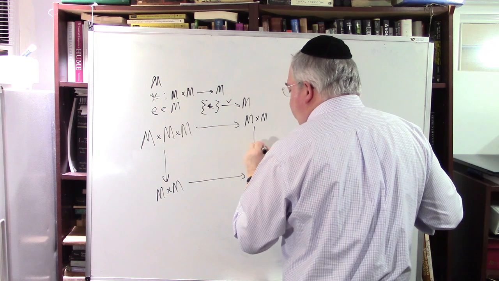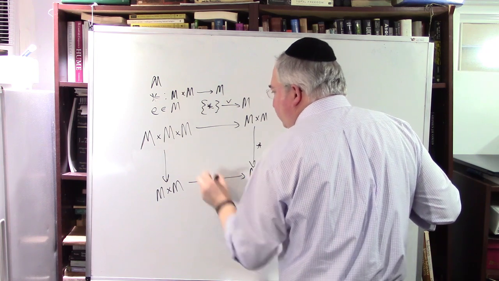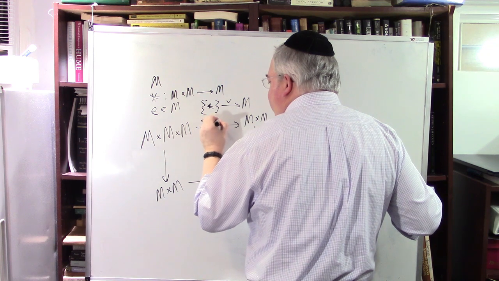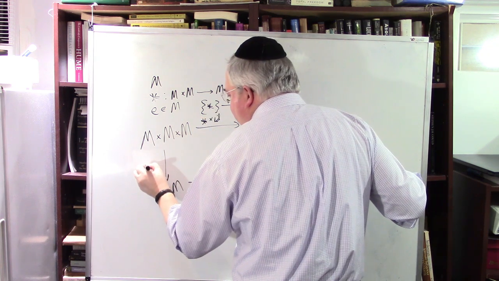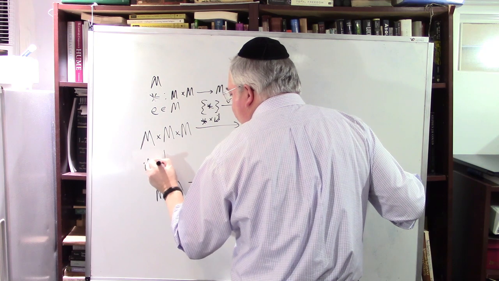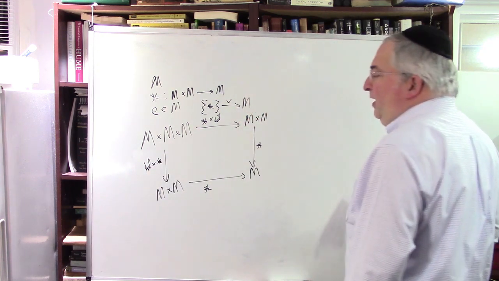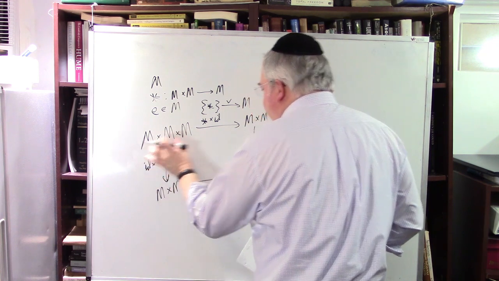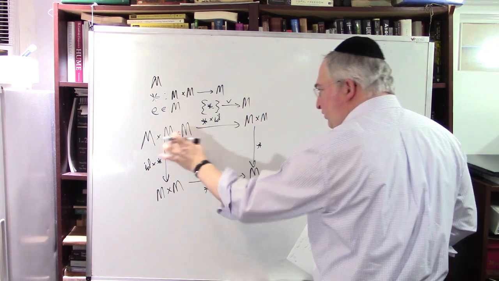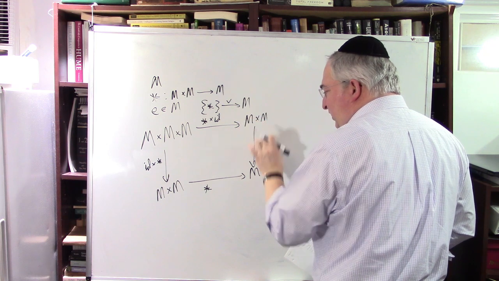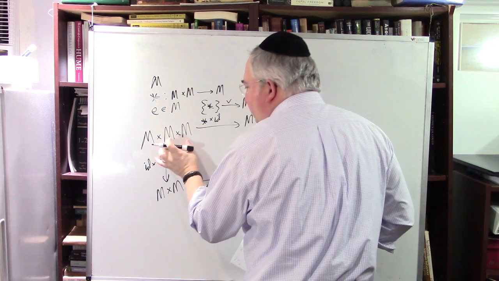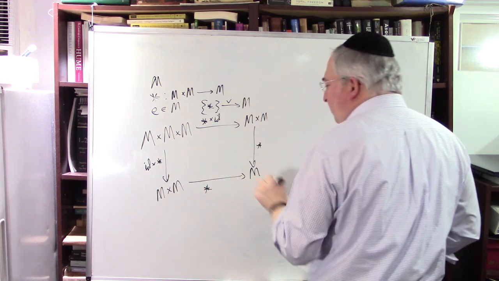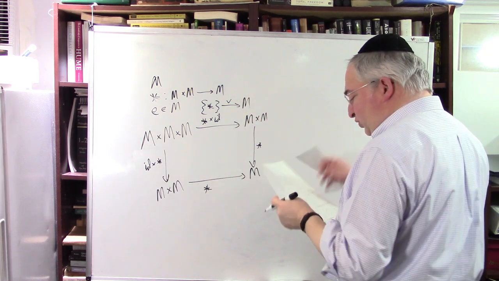This is the operation, this is the operation, and here we're going to have the operation cross the identity, and here we're going to have the identity cross the operation. Basically this says these two get together and then they become two things and then they multiply, or these two come together and they become one thing here and you multiply it along here. This is associativity. We saw that before.